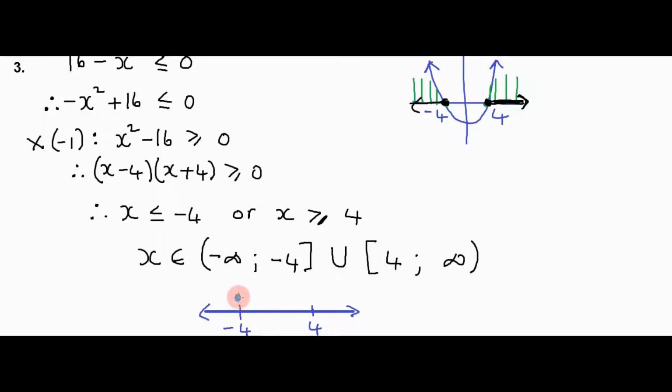So we're going to have a colored in circle at positive and negative 4 to show that it includes negative and positive 4. And then you will have an arrow pointing towards positive infinity from 4 and towards negative infinity from negative 4.